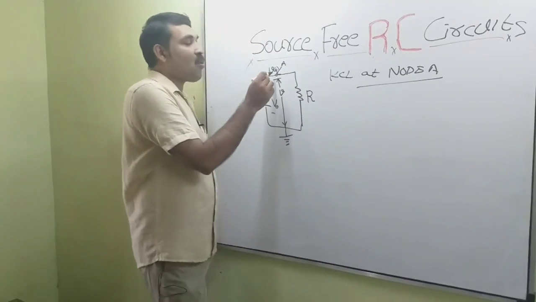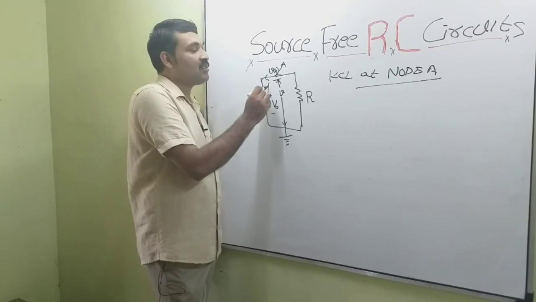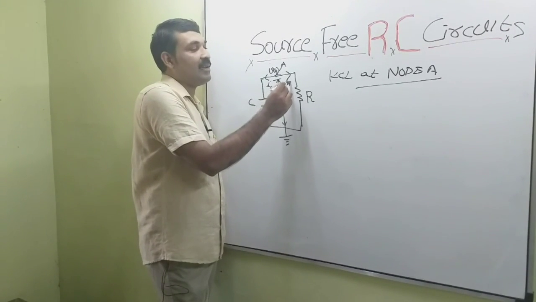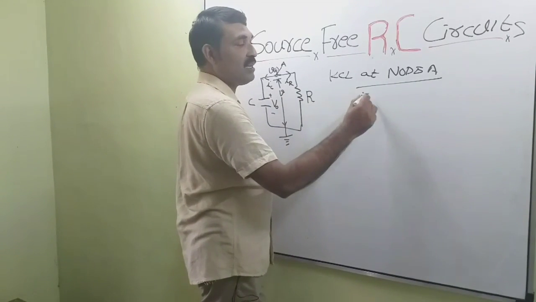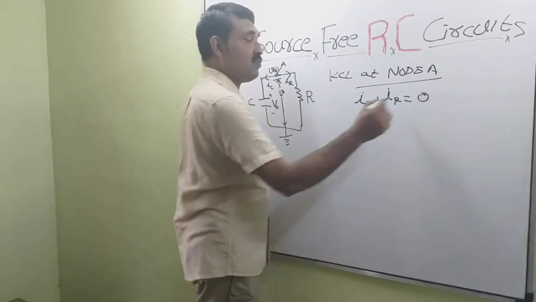So we can denote all the currents as outgoing. Let the current through the capacitor be denoted by IC and current through the resistance be denoted by IR. Now we are assuming all the currents are outgoing. IC plus IR is equal to 0.